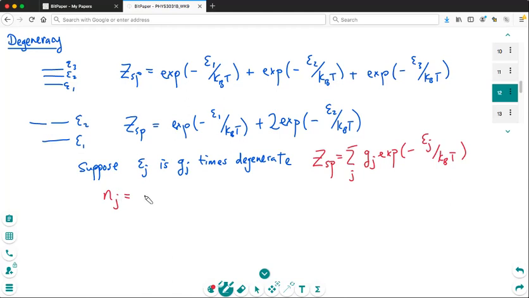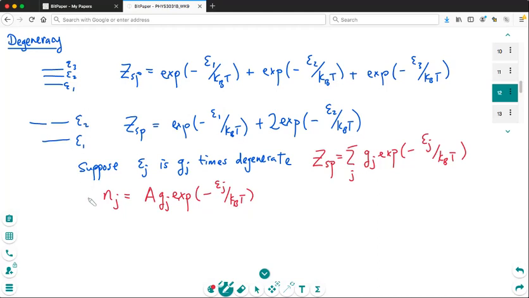How many more? That depends on the degeneracy. So in the end, this is just A times g, the degeneracy, times this. Very intuitive.